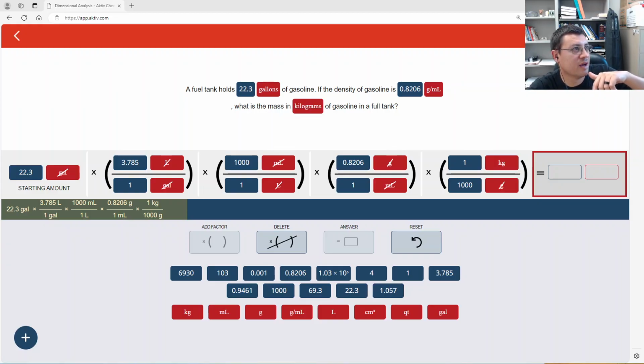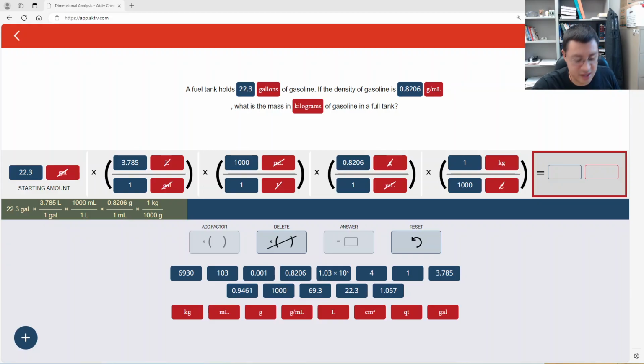Same with this kilogram to grams, that's metric system, so that's exact. Now this is a measurement, a density is a measurement, so this has 4 sig figs, so I do have to keep that in mind. But 4 is more than 3 anyway, so I don't have to care about that.